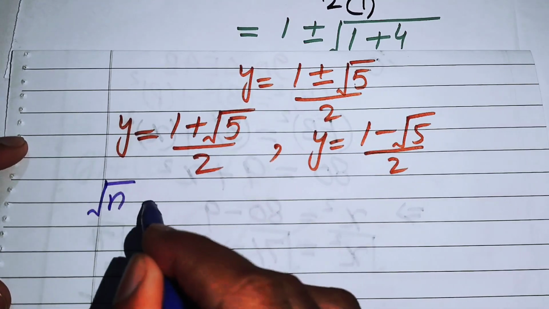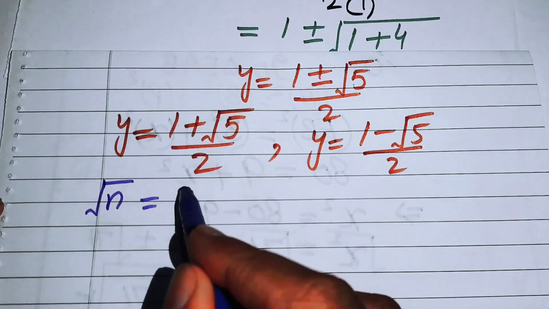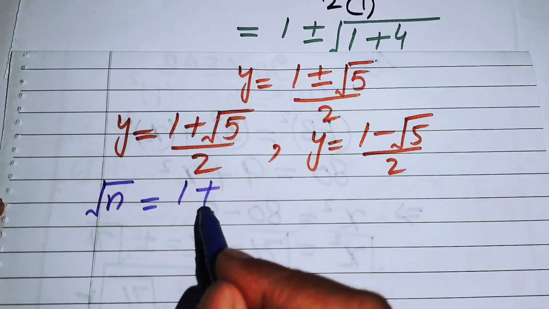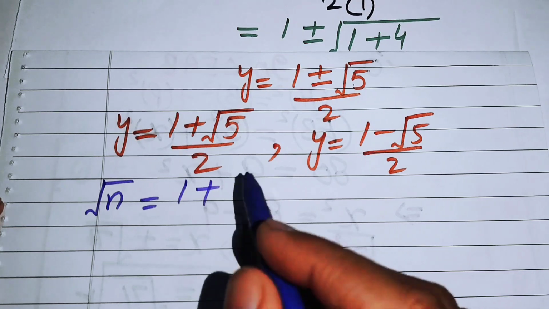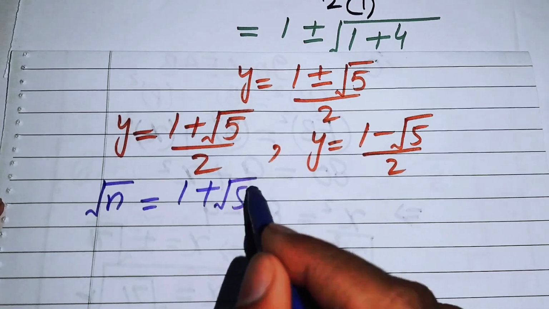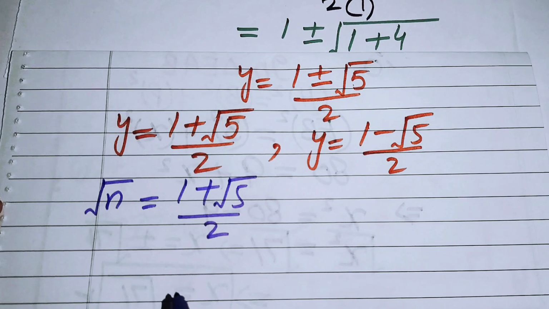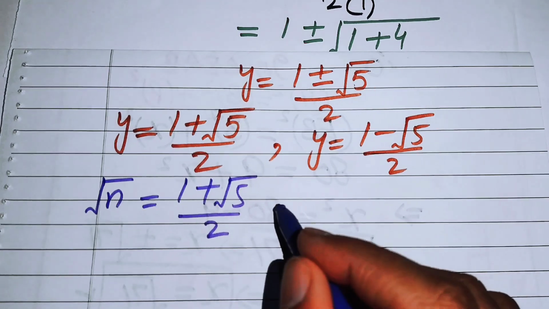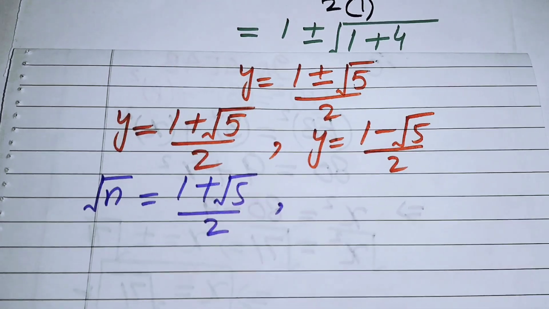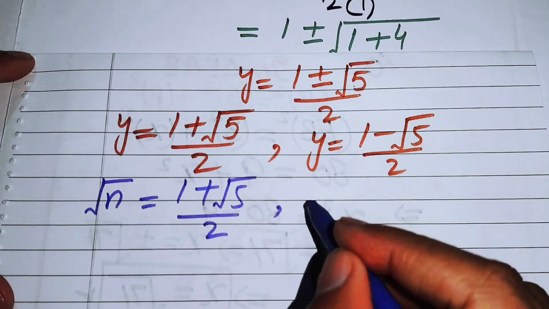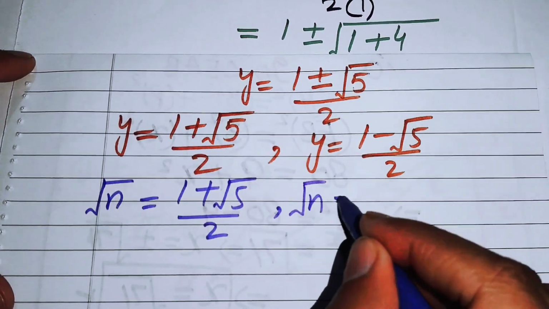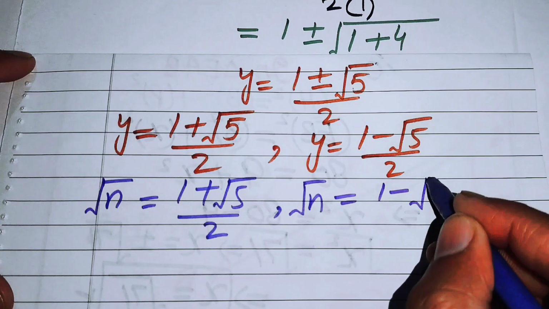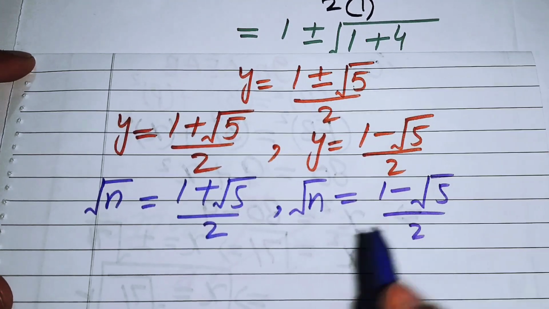So we back substitute this value. Square root of n equals 1 plus square root of 5 over 2, and here we write square root of n equals 1 minus square root of 5 over 2.